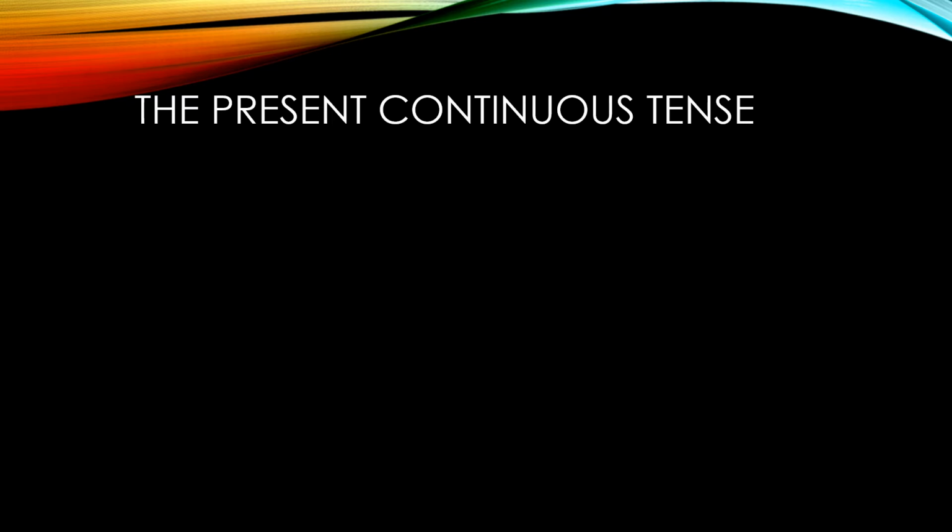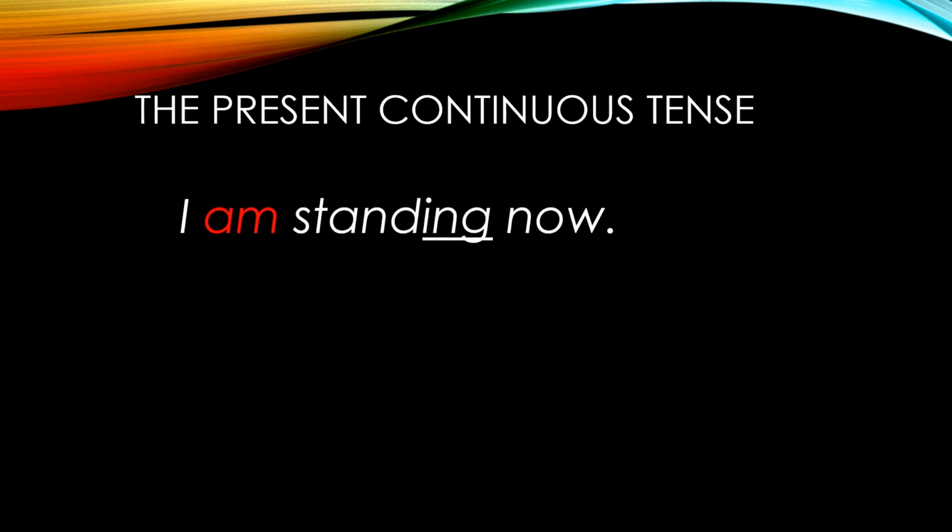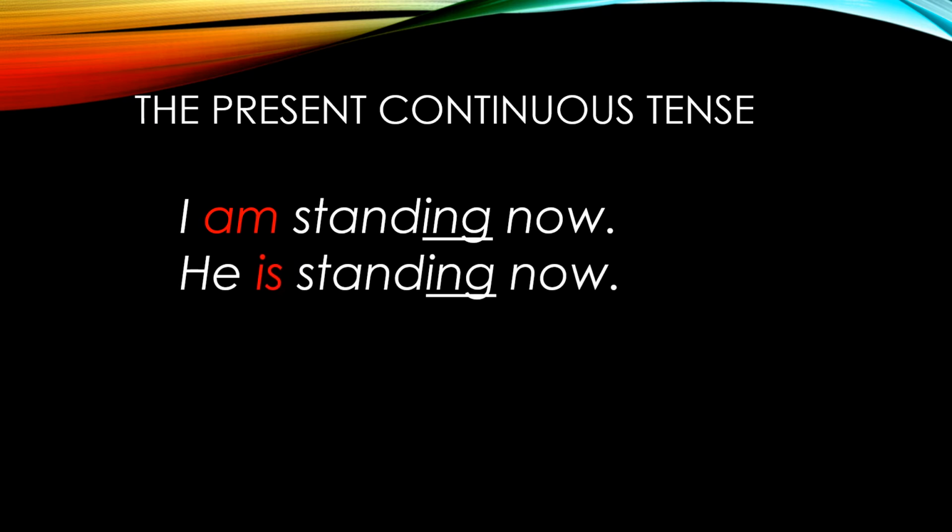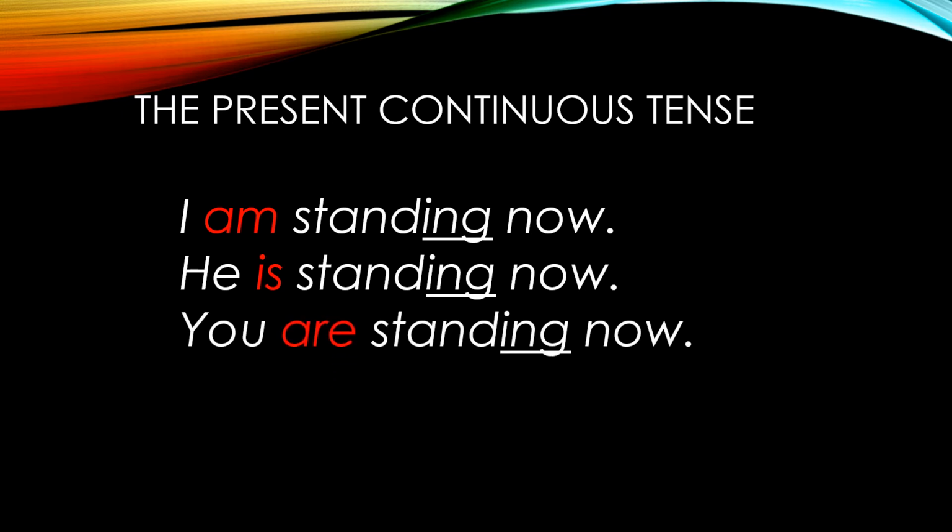Now let's see how we make sentences in the present continuous tense. We will see 3 examples. The first example, I'm standing now. Second example, he is standing now. Third one, you are standing now. If we study these sentences carefully, we see that standing is in all the sentences.